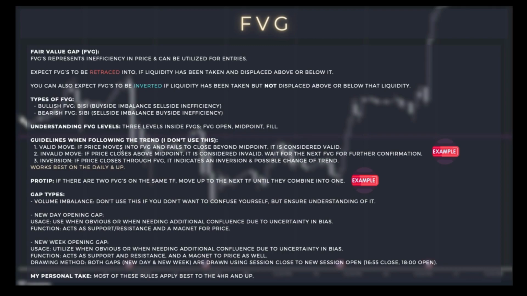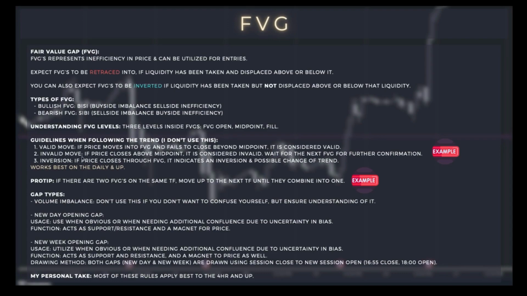Now, guidelines when following the trend. Only use this if you're trading with the trend, especially if you're on the daily and up. I personally don't use this, but even Casper SMC uses this, so I thought, you know what, I'm just gonna throw it in there. So number one is valid move. If price moves into the fair value gap and fails to close beyond the midpoint, which is just the middle of that fair value gap, it is considered valid.